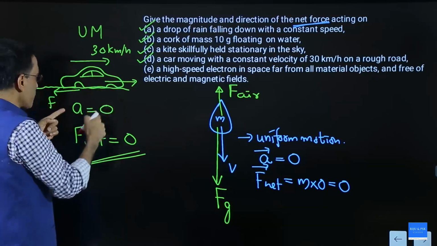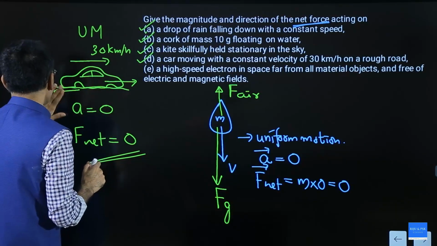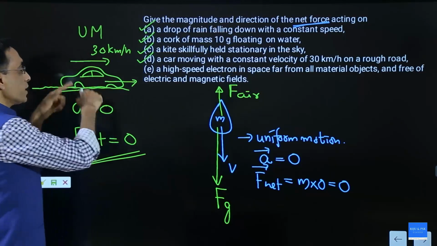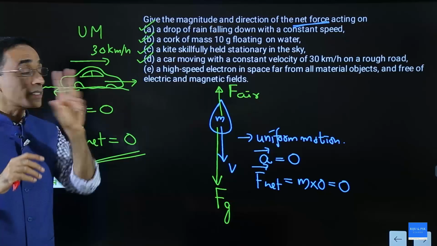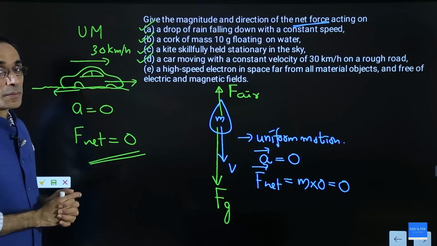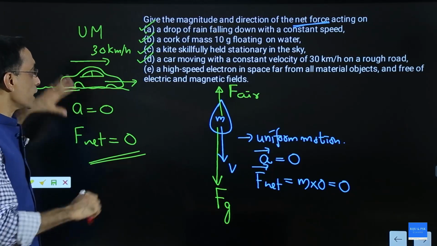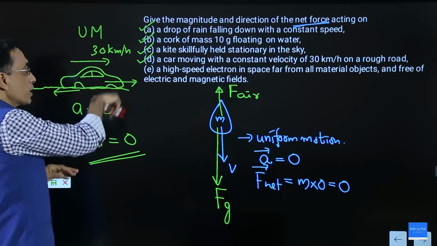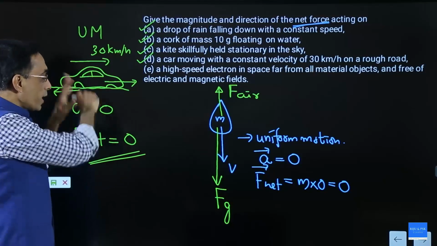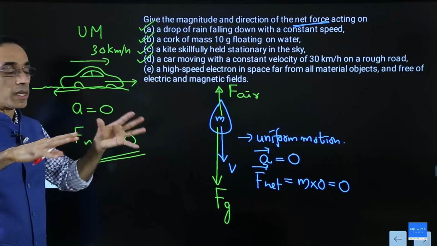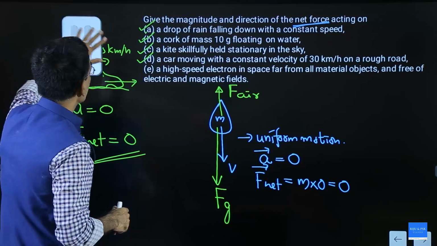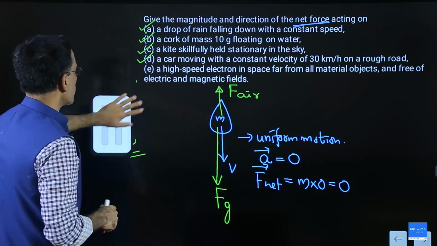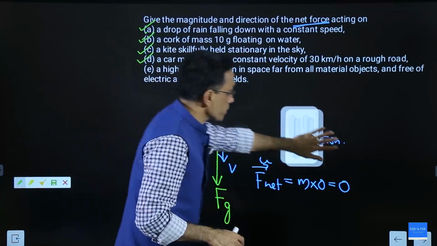I will say there is the force due to engine and force due to friction. This will cancel each other. The directions are not exactly like this. And there are two other forces. Anyway, there are so many forces acting on the car, and that will make a net force equal to 0. That is balanced. Okay. So in all the four cases, there were forces acting, but there was no net force.